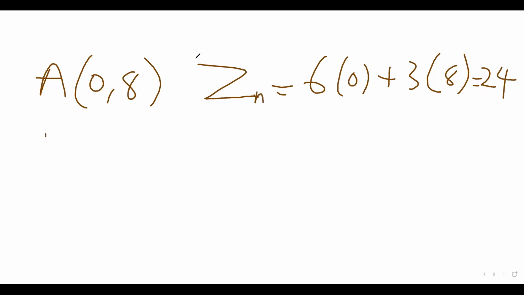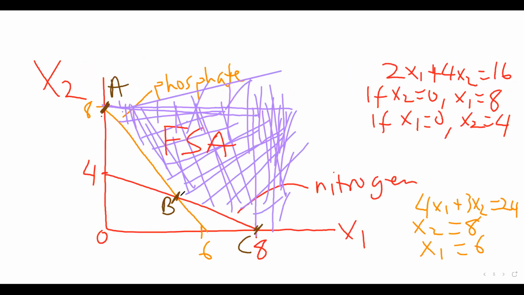Now, at point B, we don't know yet because remember, that is 2 lines crossing. So we will have to calculate simultaneously. We'll come to that.